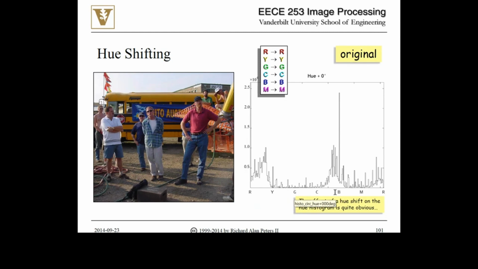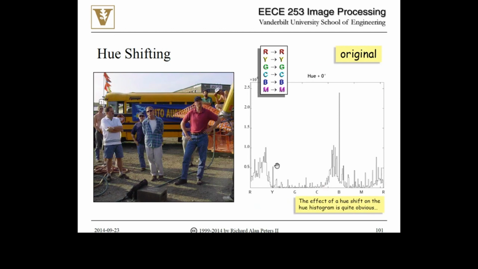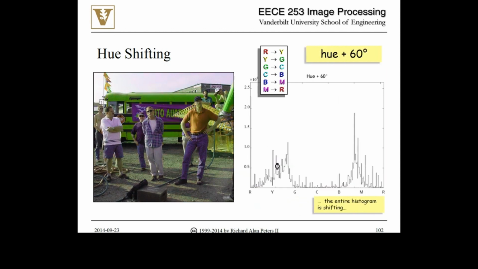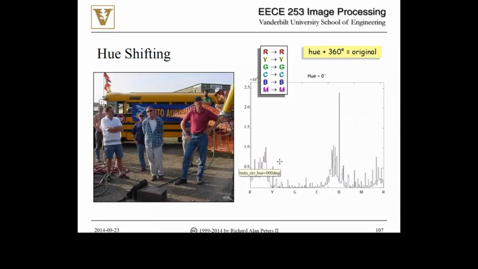Now, if I shift by 60 degrees, my whole histogram shifts to the right, and more and more. And it is cyclic. So whatever comes out from this side comes back from this one, because of the periodicity of the angles.